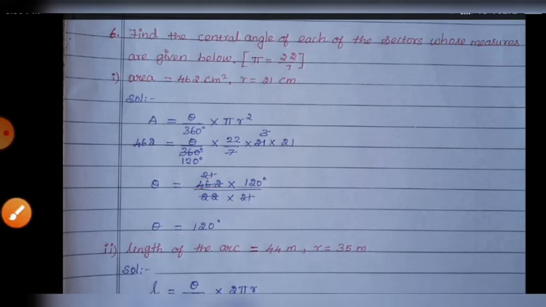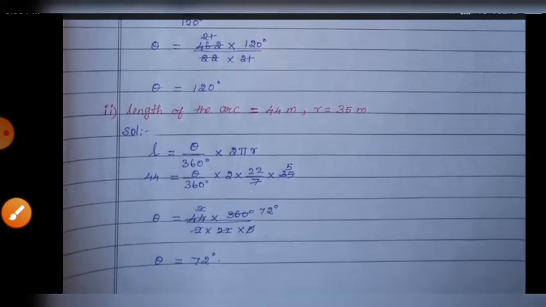Second subdivision, the length of arc is given, that is 44 meter. R is given, that is 35 meter. Using the formula, L is equal to theta by 360 degree into 2 pi r.